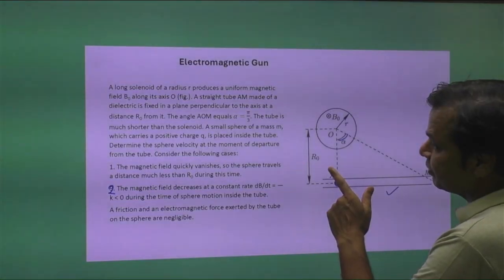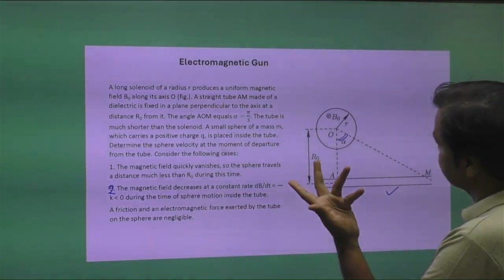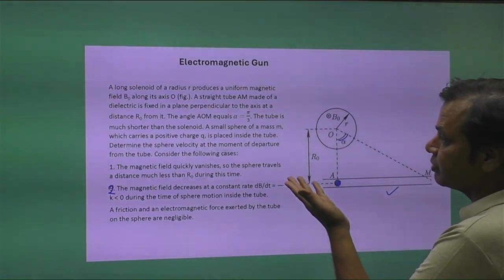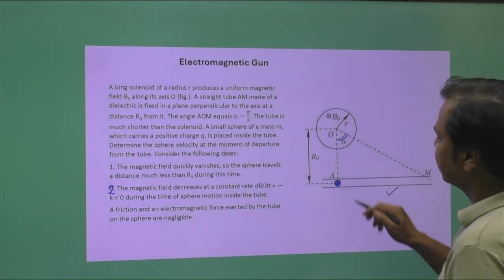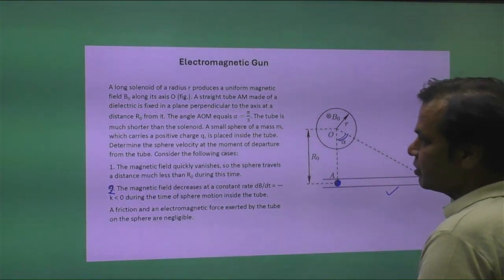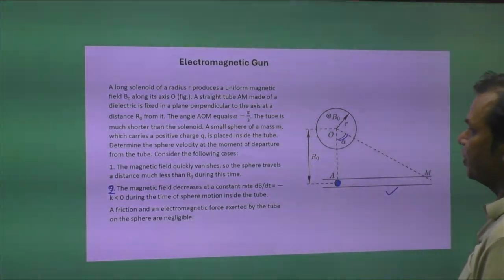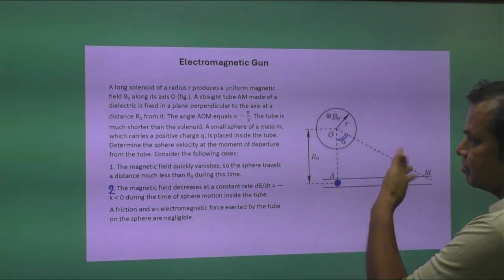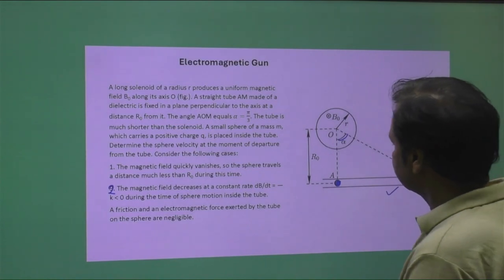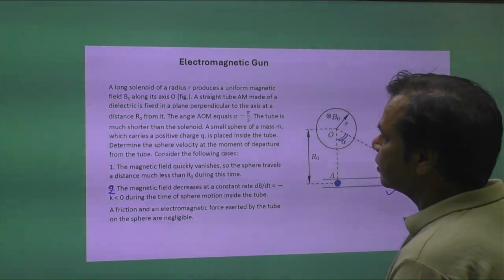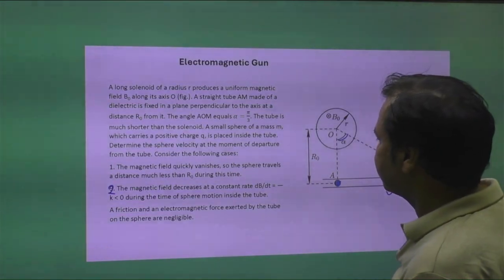Part 1 of the problem: the magnetic field quickly vanishes, so the sphere travels a distance much less than r0 during this time. So you have to find the velocity at this moment.